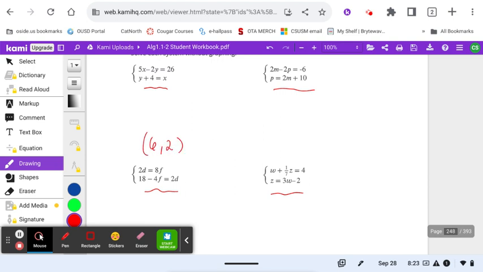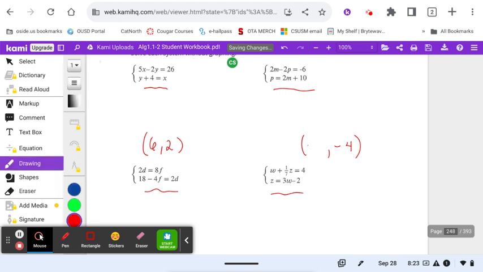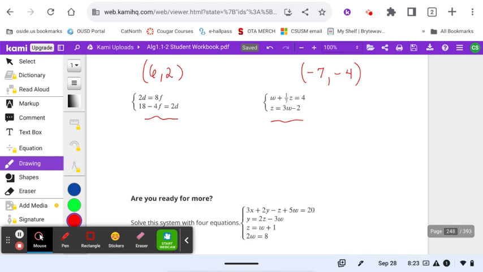This one should be 6, 2. This one should be -7, -4. This one should be 6, 3/2. And this one should be 3, 7. Okay, see how you do.